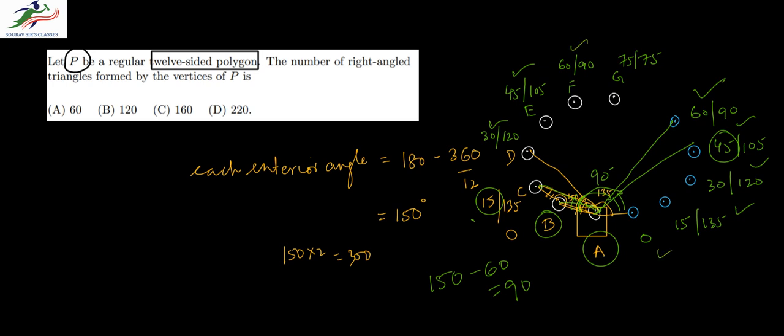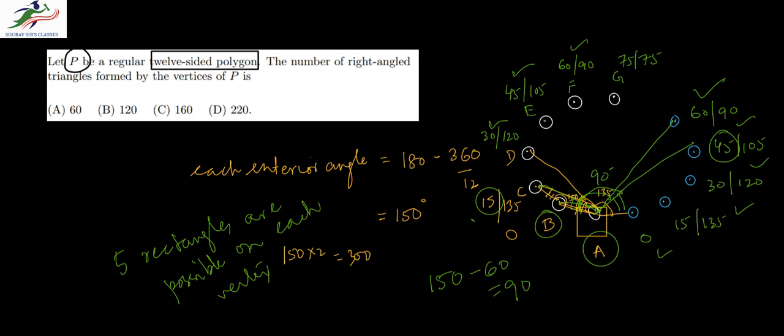So we can see 5 right angle triangles are possible on each vertex. And there are 12 vertices. So 12 into 5, a total of 60 are possible. So we can see option A as 60, which is the correct choice.